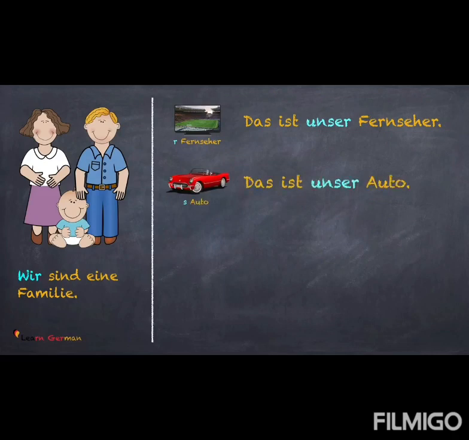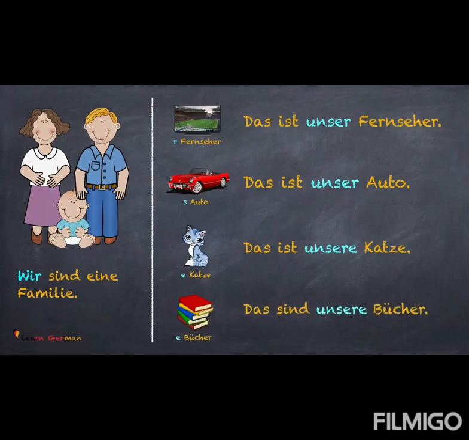Das ist unser Auto. Das ist unsere Katze. Das sind unsere Bücher. So here also you should remember that when the article is der or das, you would say unser. In case the article is die for feminine or plural, you would say unsere.